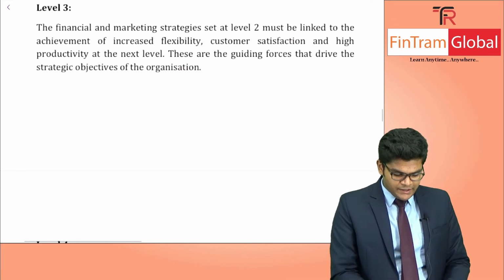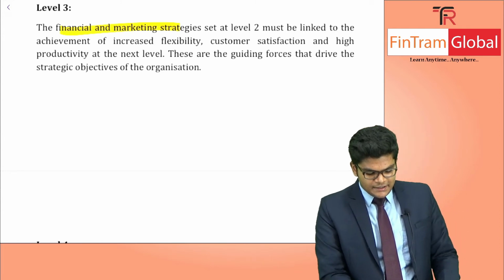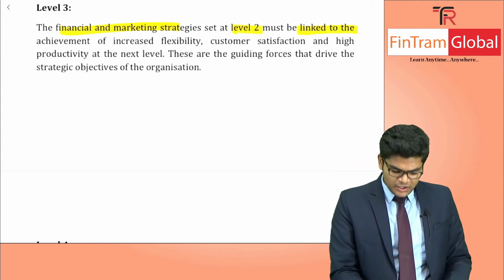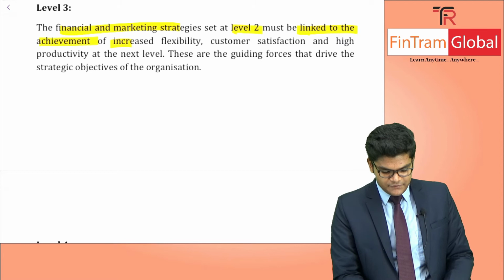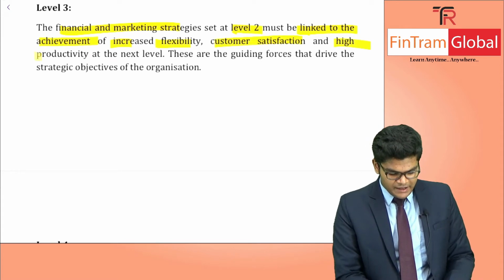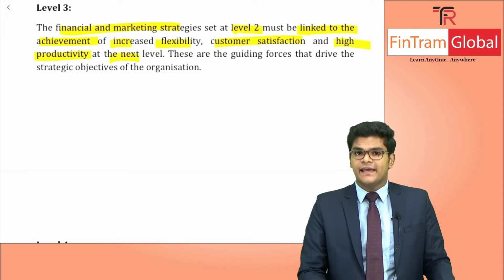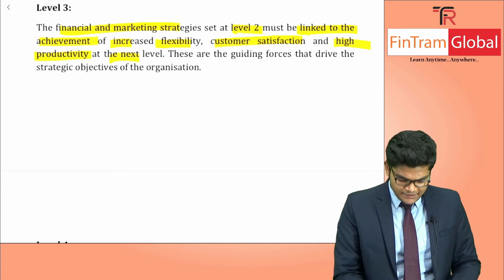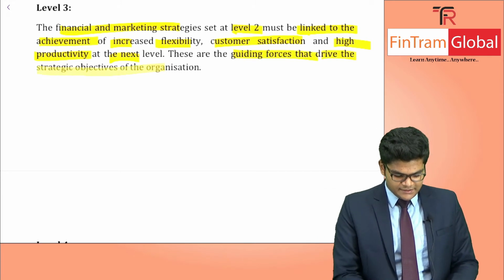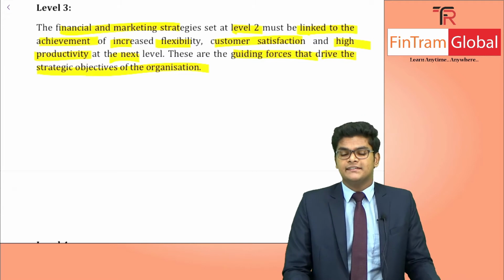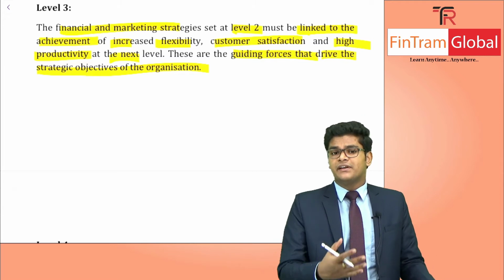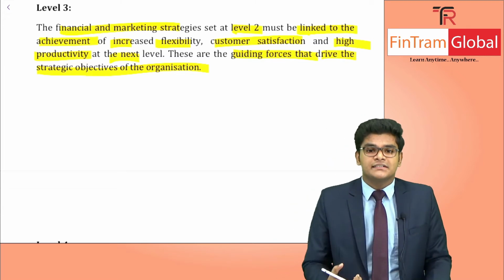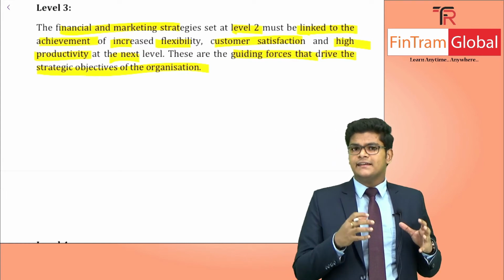In level 3, the financial and marketing strategies set at level 2 will be linked to the achievement of increased flexibility, customer satisfaction, and high productivity at the next level. As simple as that. And these are the guiding forces that drive the strategic objectives of the organization. So what are the driving forces? Productivity, flexibility, and customer satisfaction. So that is basically level 3.